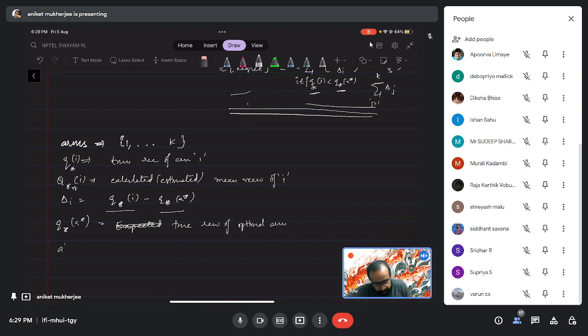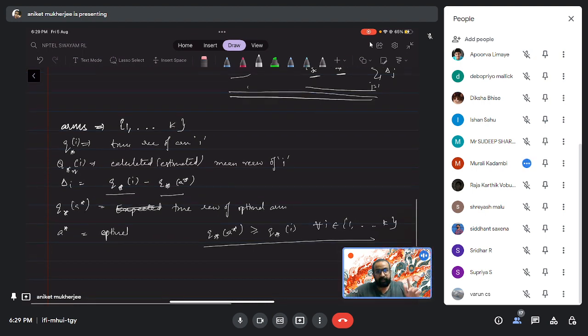So A star is the optimal arm. Optimal arm is the arm which has the greatest expected reward. So what you have is Q star A star is generally greater than or equal to Q star i for all i belongs to 1 to k. Is this clear? Till now are the notations clear? Yes, thank you so much.